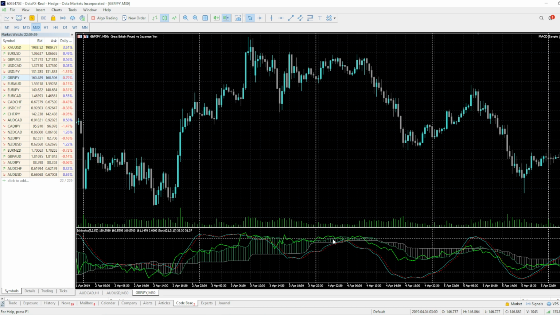Whenever you see the stochastic below the cloud, or it takes an exit from the cloud, or it enters into the cloud, I'm going to show you exactly what you have to do. See right over here, the stochastic is just going in and entering the cloud.